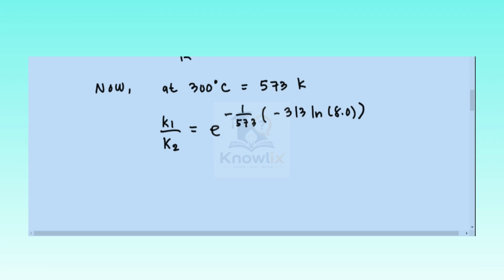And so the right-hand side of the equation only contains values which we can work with in the calculator. Doing that, I might first do negative 313 times ln of 8, and that gives me negative 650.9.